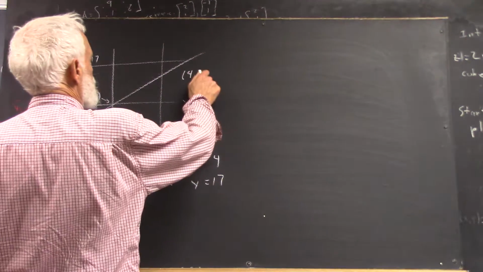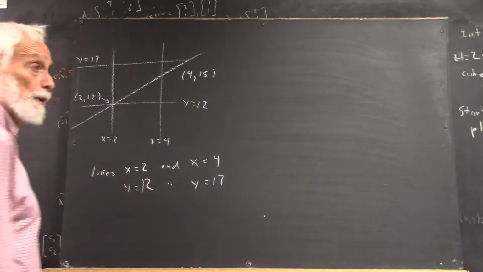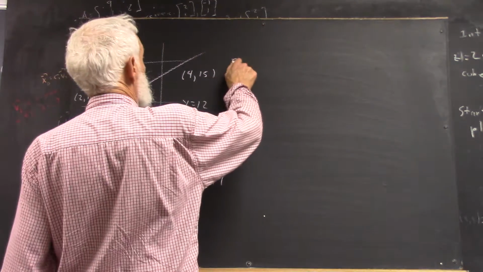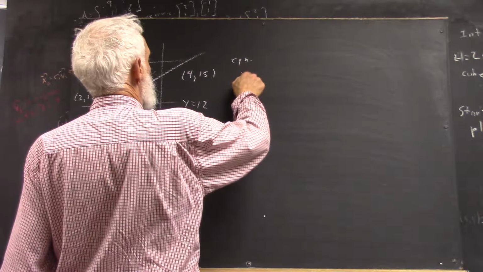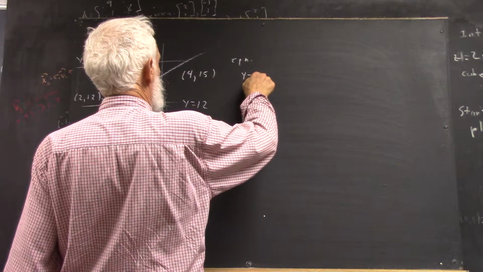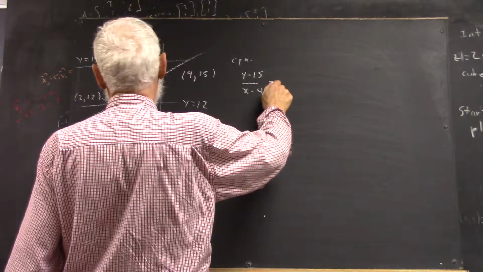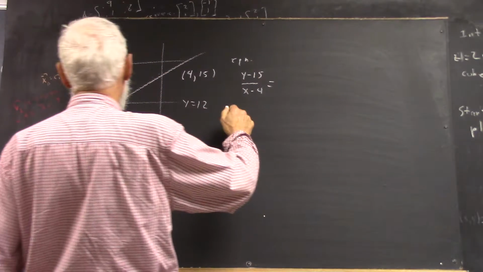So we have y equals 4/15, and now we get the equation, right? Let's see, run is 2, rise is 3.